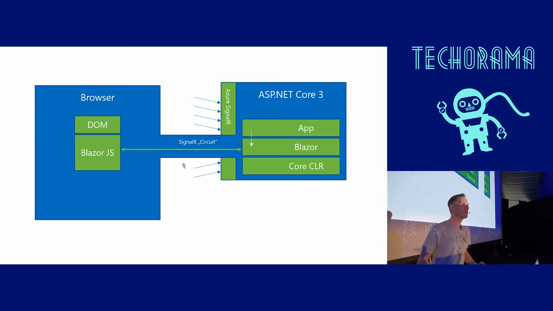Now, if your app does something, please note, the app is now running on the server, not on the client. It talks to Blazor, and Blazor creates, again, a render tree. But this time, note that the render tree is on the server, not on the client. So we have a complete binary representation of the website running on the server.